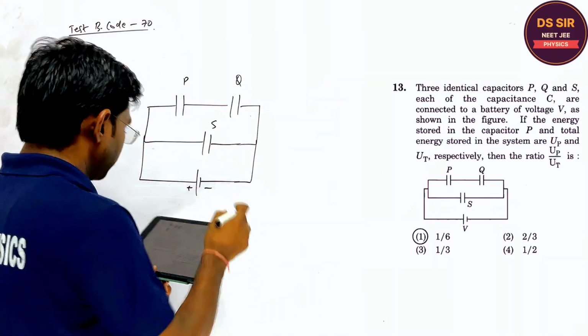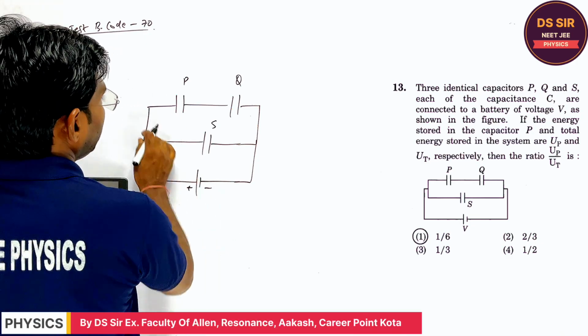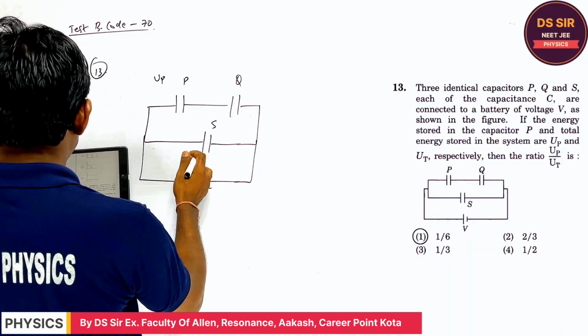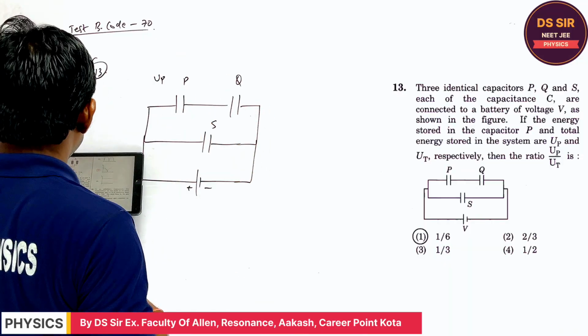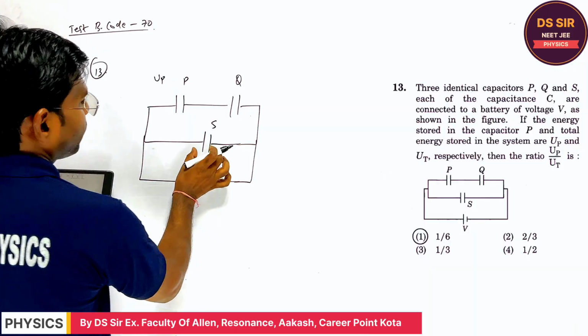Read question number 13. This is a simple question based upon capacitor energy. The energy stored in the capacitor is UP, and the total energy stored in the circuit is UT.